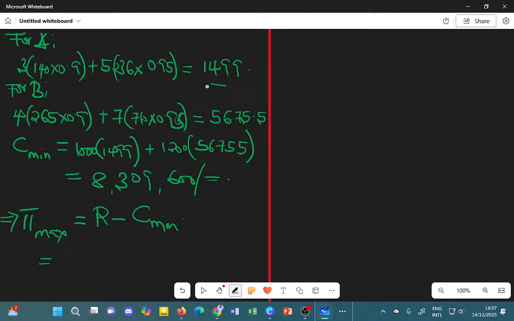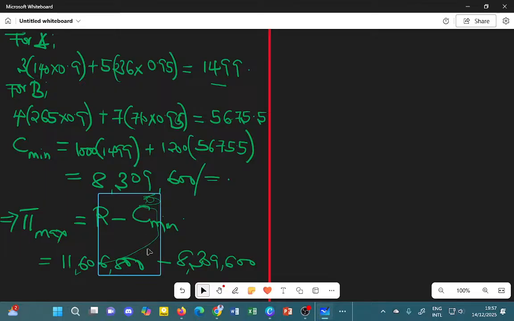Our expected revenue was 11,606,800 minus 8,309,600, which is this value now. Sorry, that was not supposed to be. Can I see if I can strike out?